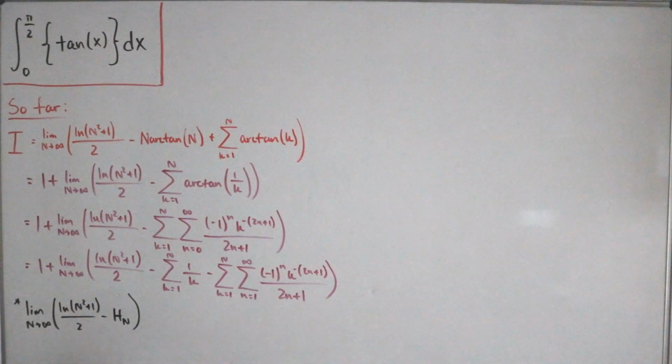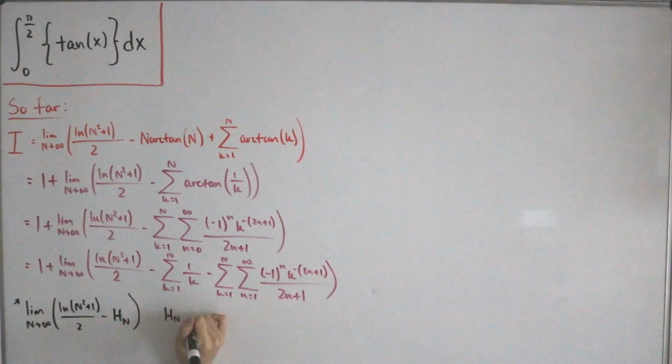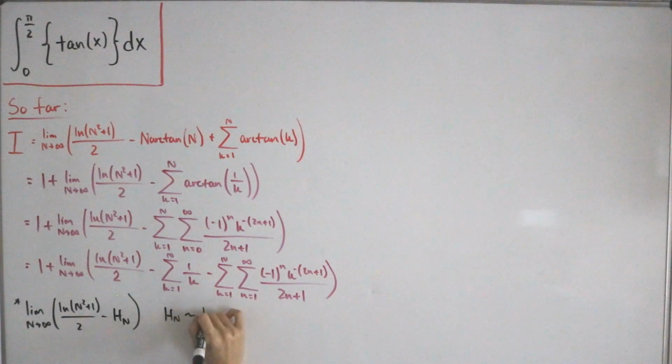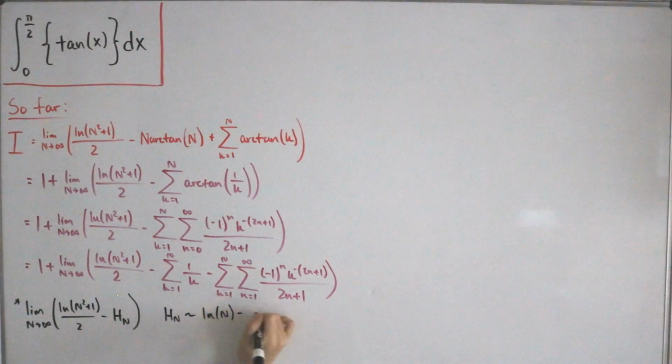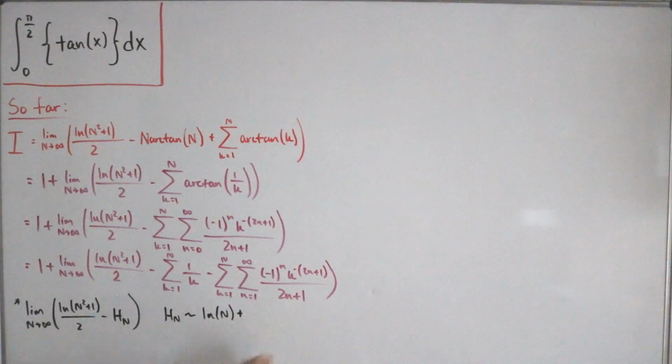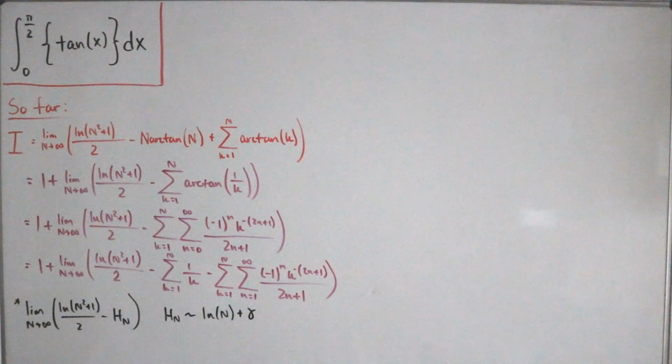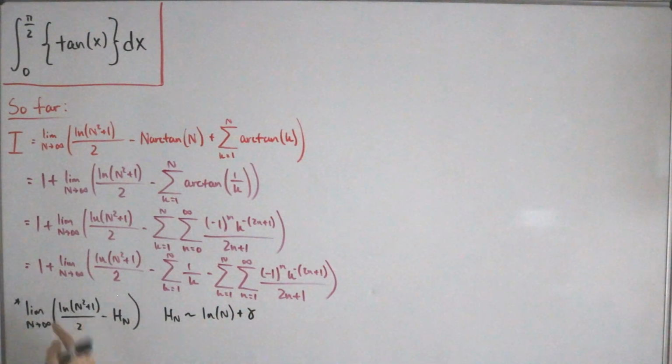We know that asymptotically the Nth harmonic number is the natural log of capital N plus lowercase gamma, the Euler-Mascheroni constant.